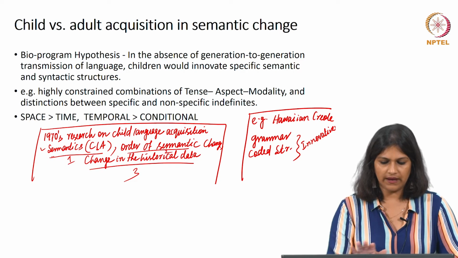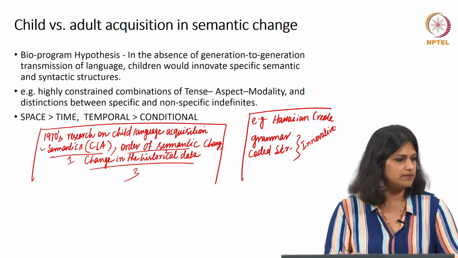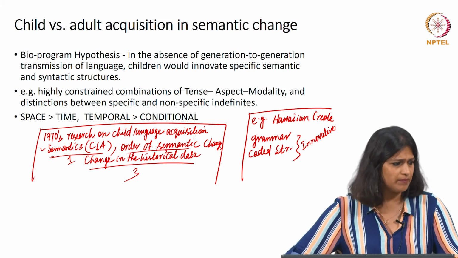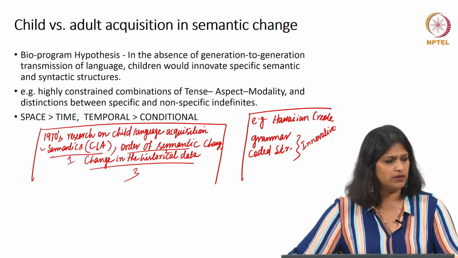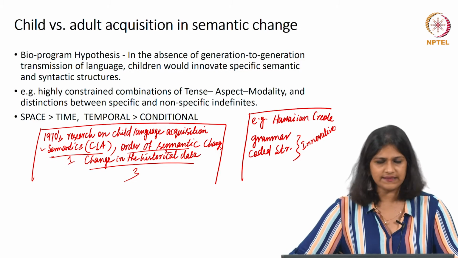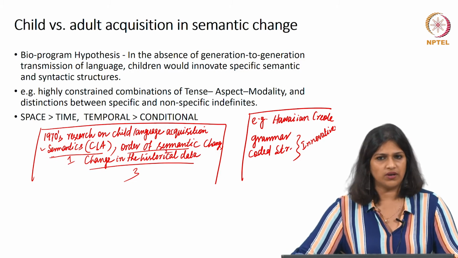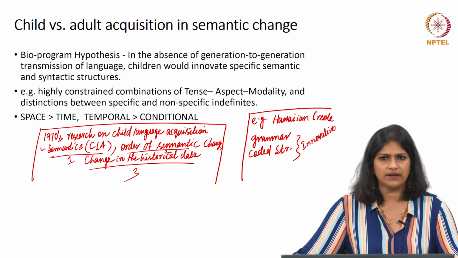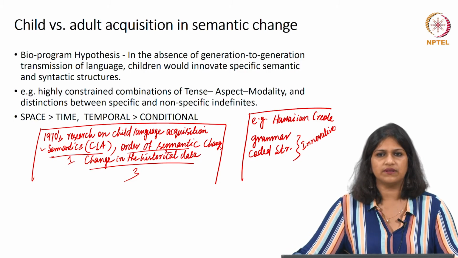And then at least two different kinds of creoles, like Suriname and Saramaccan Creole, show that there has not been a shortage of generation to generation transmission of language. There has been a lot. So, a lot of adults actually contributed to the development of the creole.